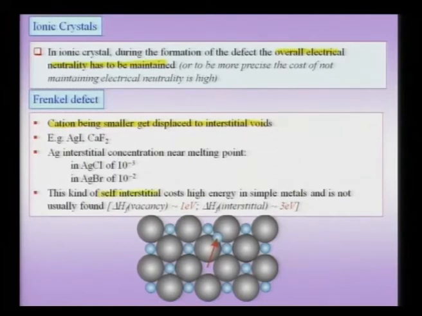The reason self interstitials are not found in metallic materials, for instance silver or copper or one of these FCC materials, is that the enthalpy of formation of a vacancy is of the order of 1 electron volt, but for a self interstitial the energy is about 3 electron volts. So it costs a lot of energy to put a self interstitial in a normal material like copper, and therefore self interstitials are not found in metallic materials under normal circumstances.